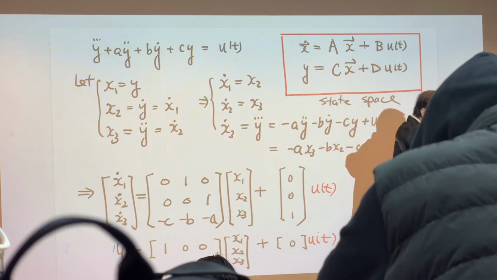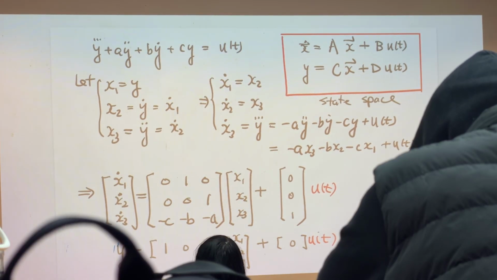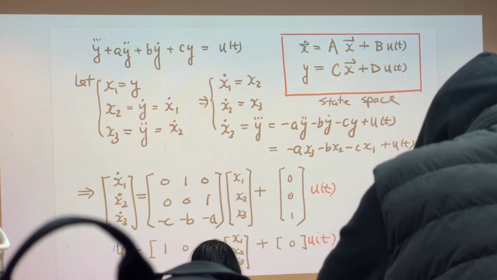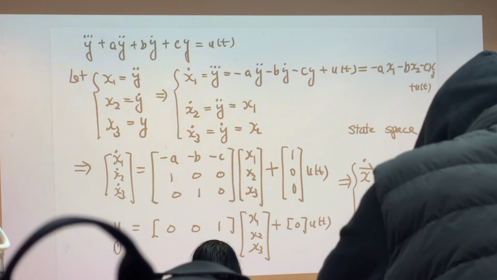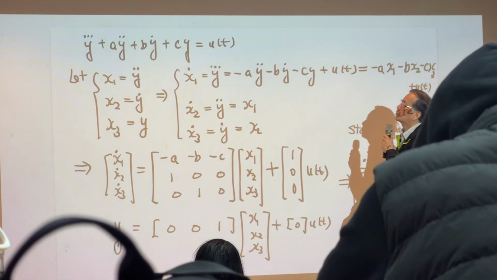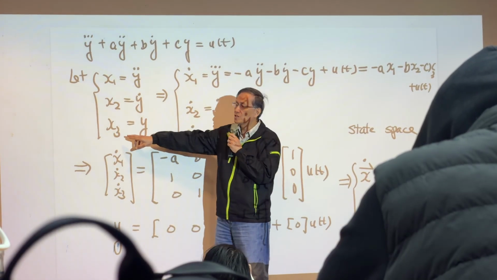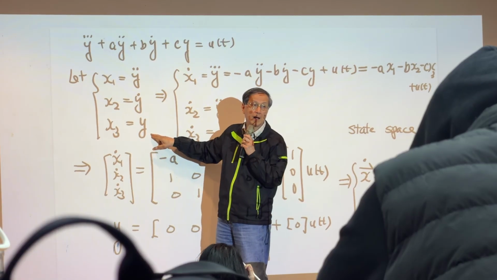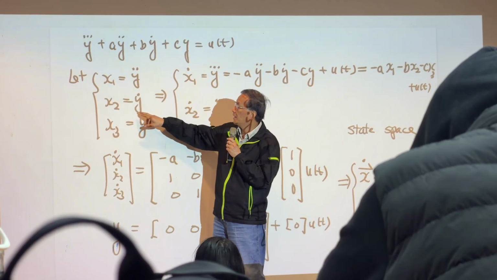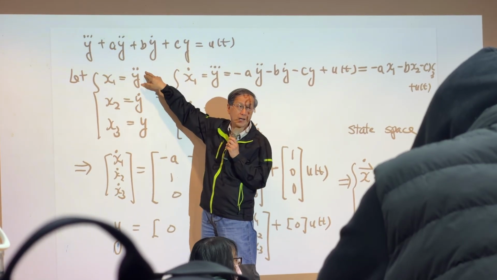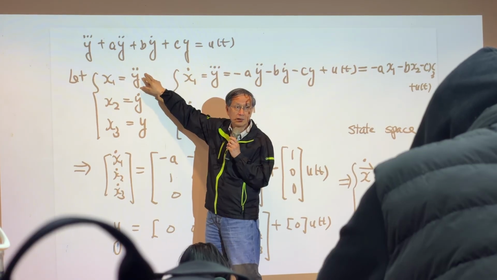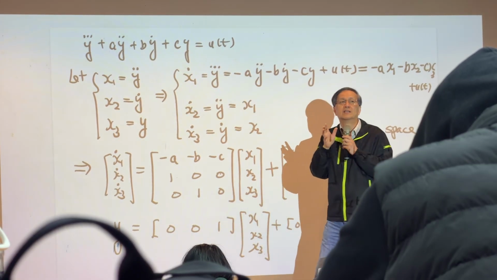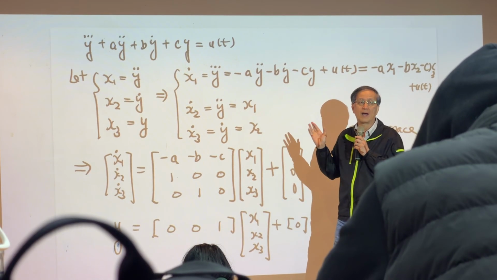Now I want to modify it a little bit, and you will see why. Instead of using x1 equals y, now I change it to x3 equals y, x2 equals y dot, and x1 equals y dot dot. This is just a little bit different, but I will show you why.